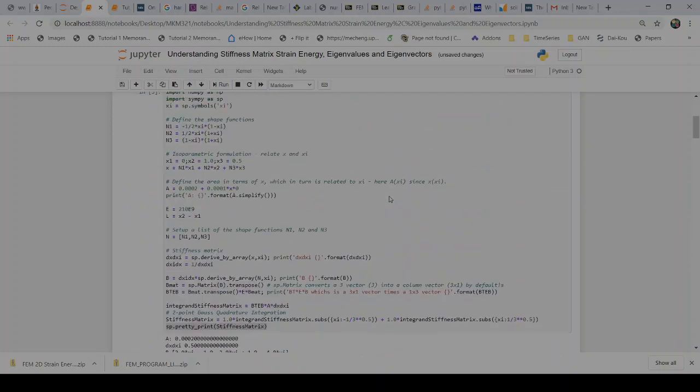We can see it here again as a reminder. When I compute this integrand, B transpose E B, this B transpose comes from the weighting function, and this B comes from the displacement field, from the stress. This is from the weak form formulation. That's why we had E times the B matrix, because the B matrix is really just the strain.